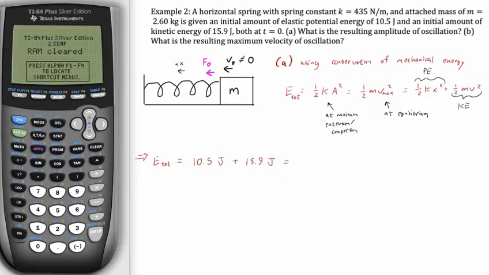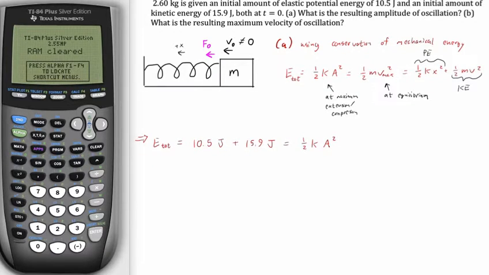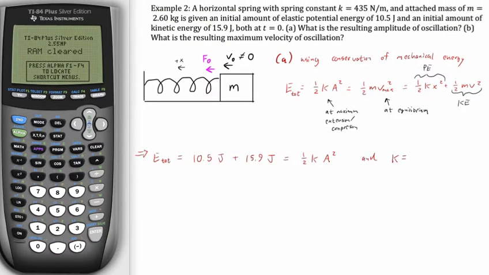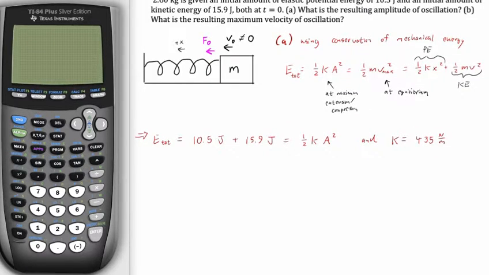Since we know that the total energy is also equal to 1/2 k a squared, and k is given as 435 newtons per meter, we can solve for amplitude. Let's take our values here, 10.5 plus 15.9.